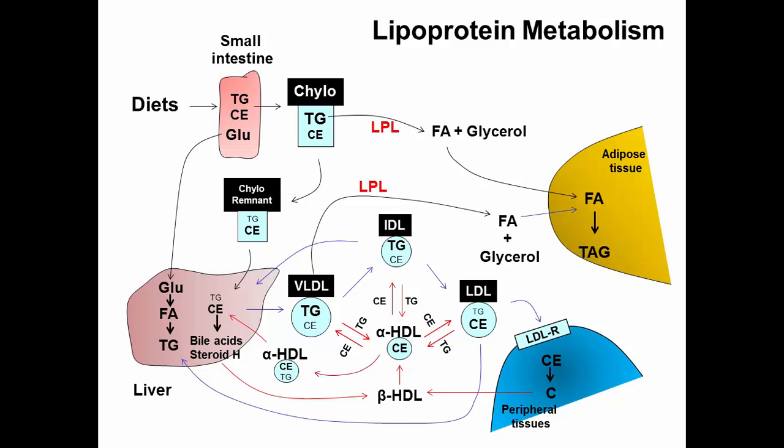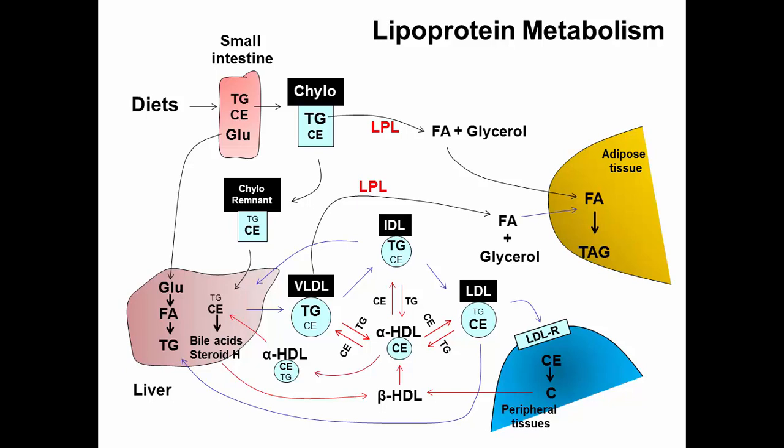And for HDL, beta HDL is converted from alpha HDL when all the core lipids are picked up by the liver, right? So beta HDL then goes to the peripheral tissue, picks up free cholesterol and phospholipids, and converts back to alpha HDL. So alpha HDL is lipid-rich HDL, right?